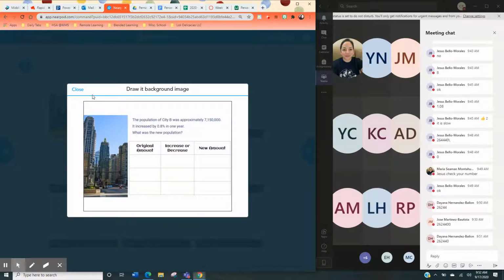So this one says the population of city B was approximately 7,150,000. It increased by 0.8% in 1 year. What was the new population?